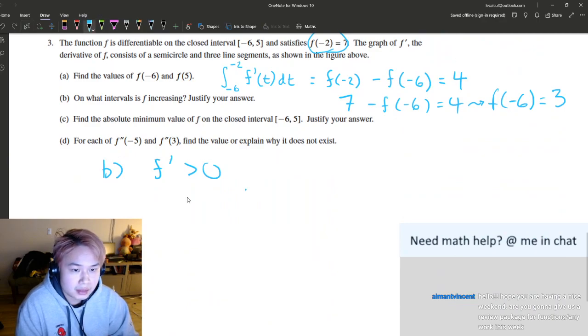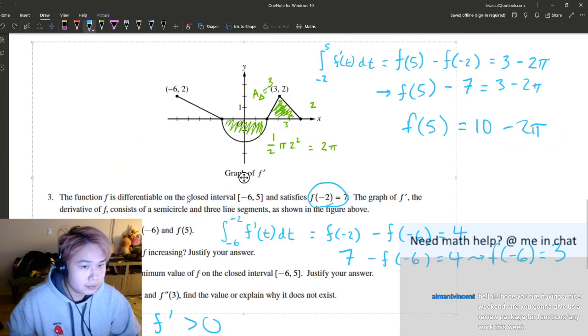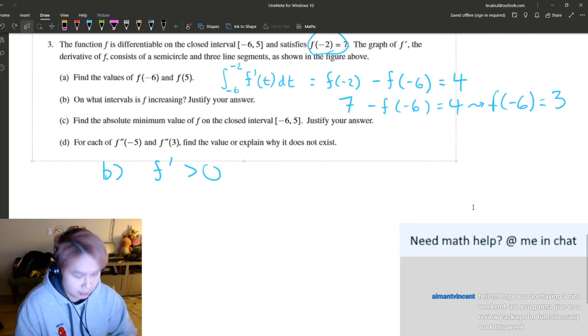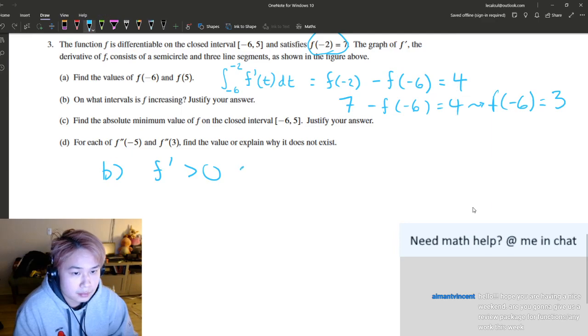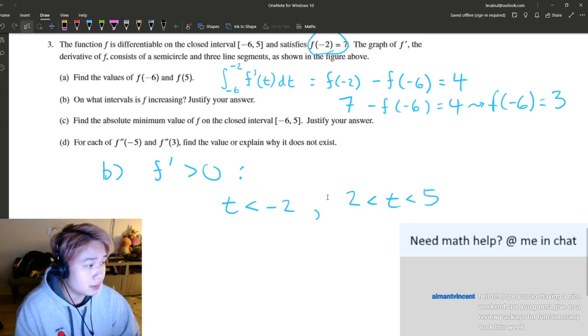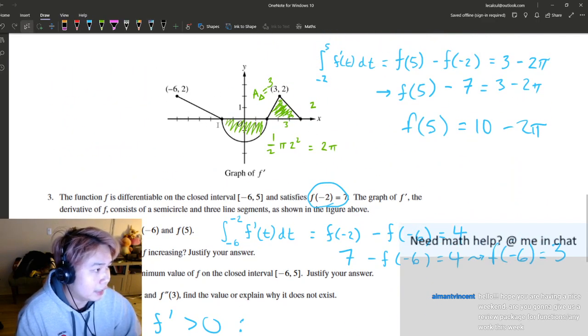So in other words, when t is less than -2, and also when it's in between 2 and 5, according to this graph.